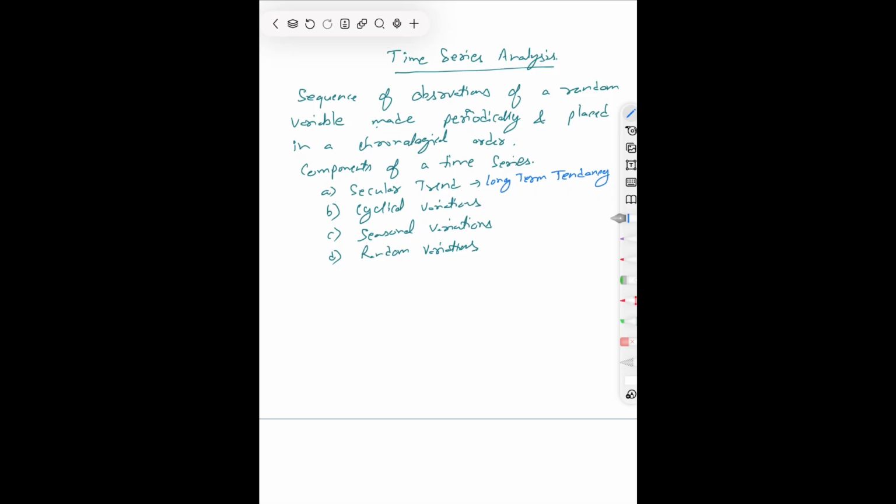Second thing is the cyclical variation. Now, cyclical variation means in general there are business cycles. So there might be some peak, then there will be some kind of a recession, then again recovery phase starts, and then again a peak will be formed. So these business cycles will repeat over a period of time.